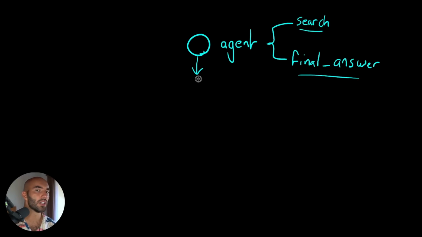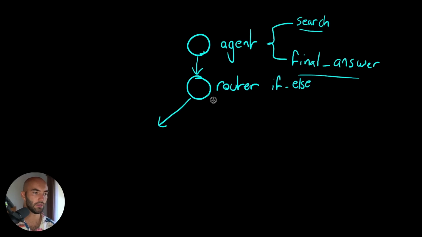Now, to implement a conditional edge, we need something called a router. And that router is basically an if-else statement. Then, based on that, we can go one of two ways. We can go to our search node over here, or we go to our final answer, which is actually going to go to the end node.